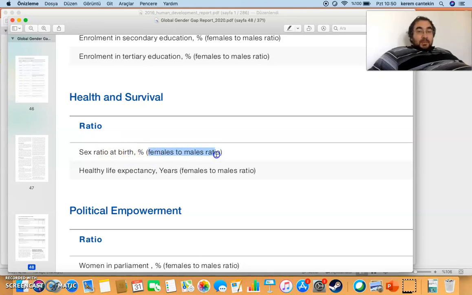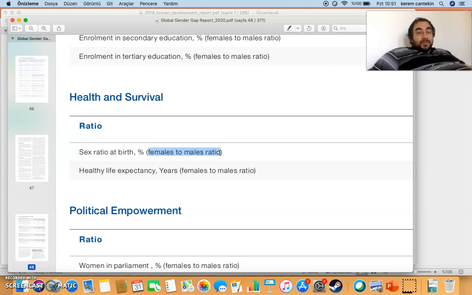You might ask why this is there, because you might think the sex ratio at birth is something nature provides. But in some countries, illegally and without recording, when children are female, girls can be killed because the family might want a male child and cannot afford to look after both female and male children. In that case, this is a case of missing girls.